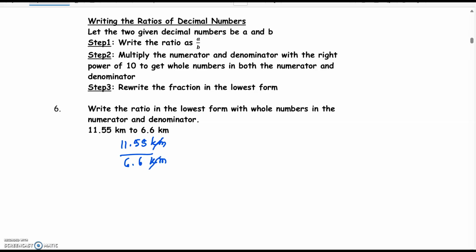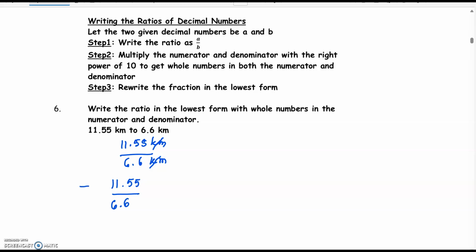So first of all, let's just cancel the common factor, which is kilometer. Now remember, our goal is to have whole numbers in the numerator and denominator, which means we have to get rid of decimal numbers in both the numerator and denominator. So let's see, 11.55 and 6.6.